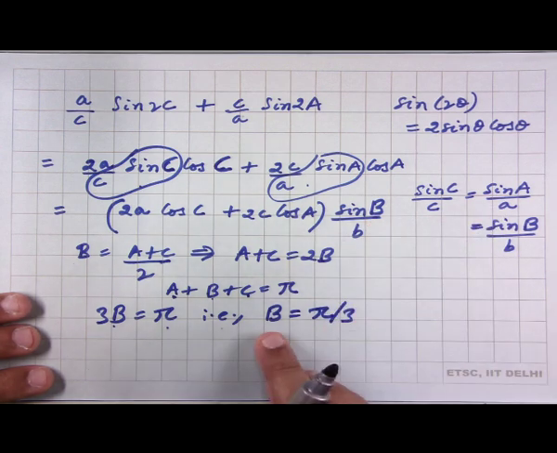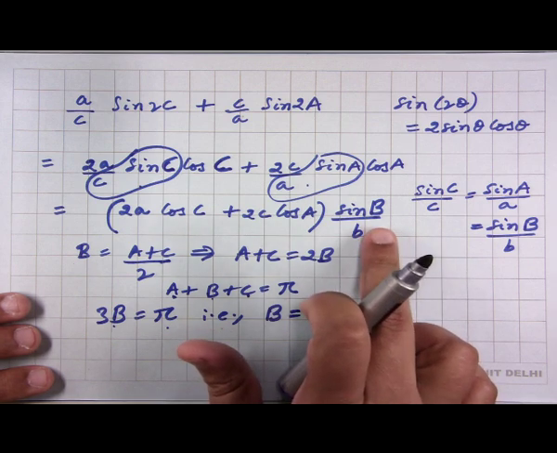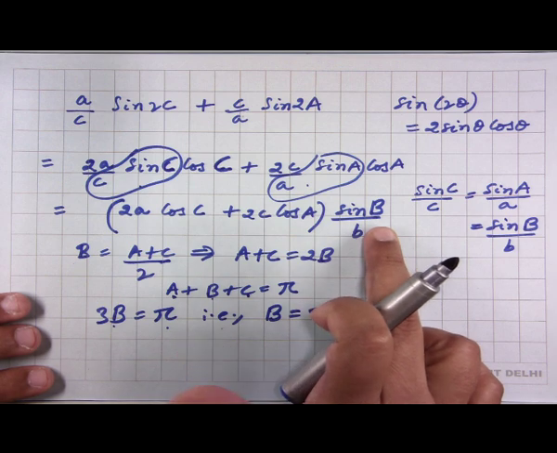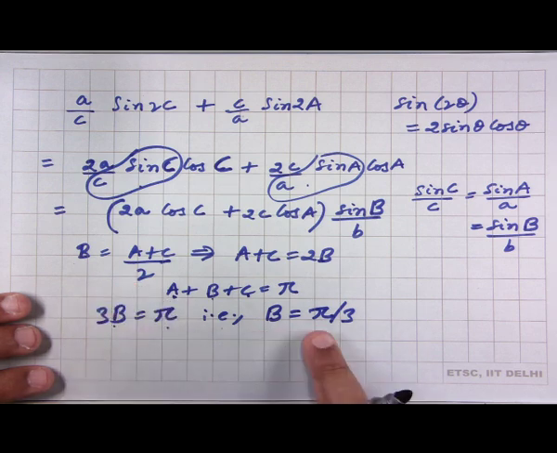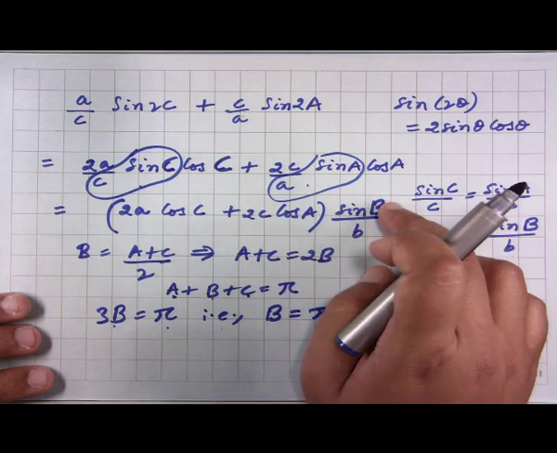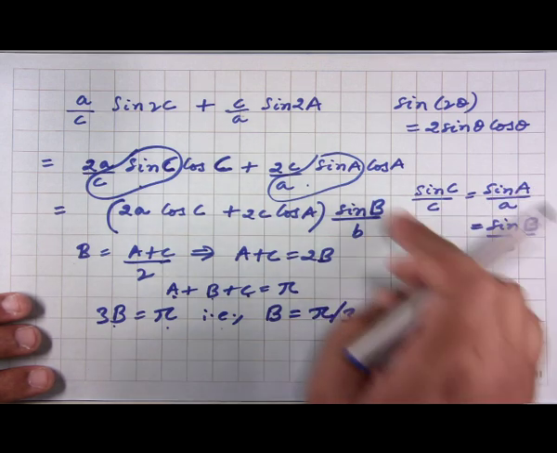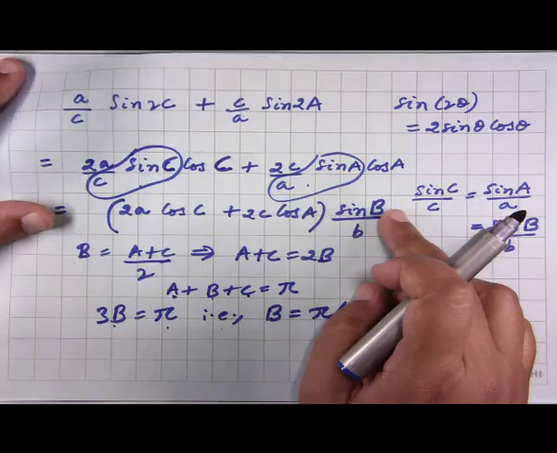This is the reason why we have replaced this common factor by sin B over b: because these angles are in arithmetic progression, we exactly know the value of the angle B. Otherwise, if we put sin A by a, we do not know the value of sin A.